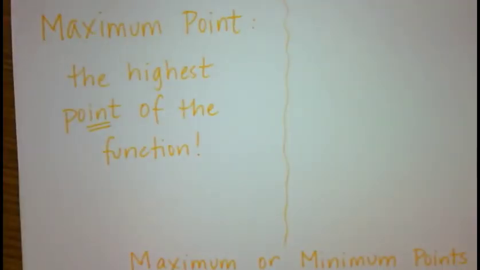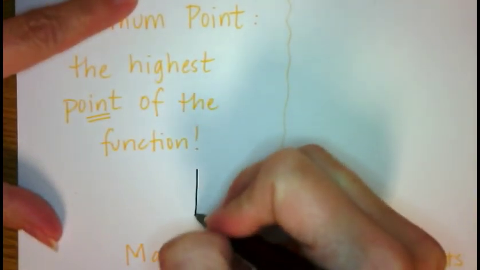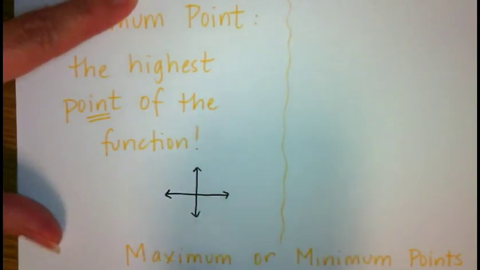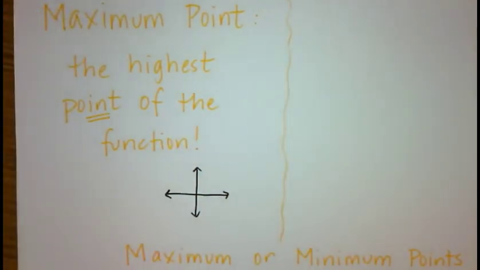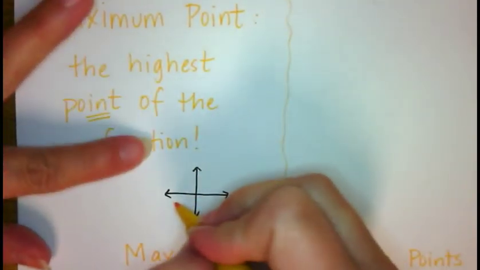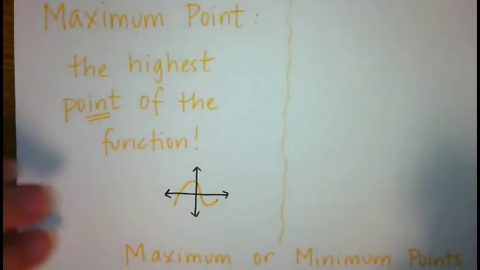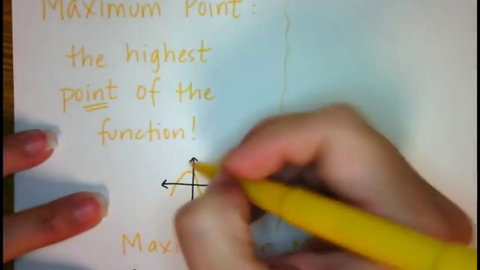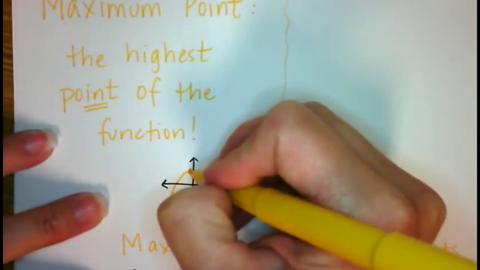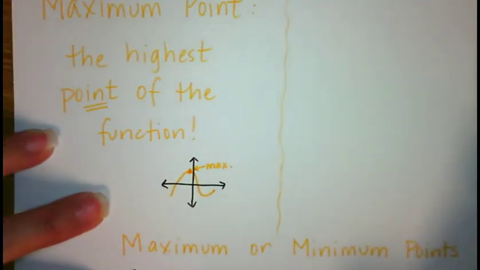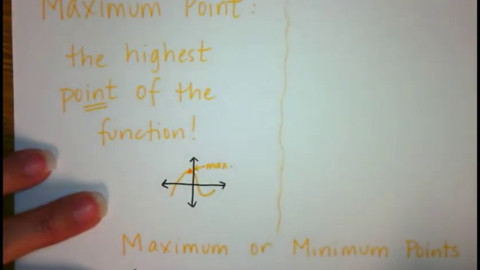So just to give a sketch to this one, if we had just a little XY graph here, if we had something like that as our function, then this right here would be the maximum point because that would be the highest point on the function. So we would write it as an ordered pair.